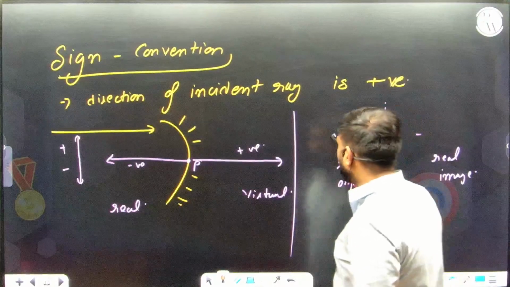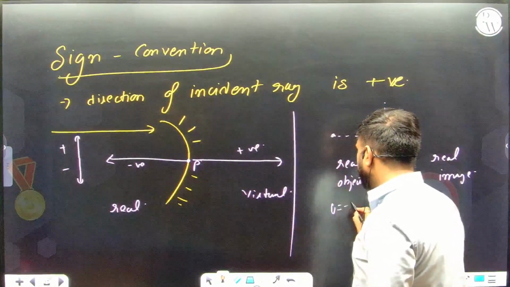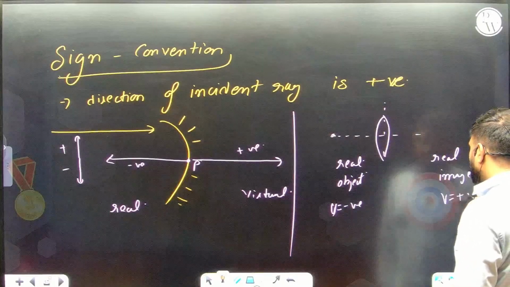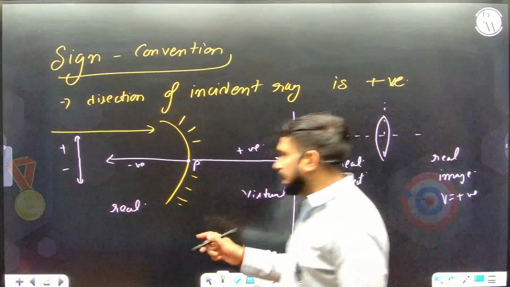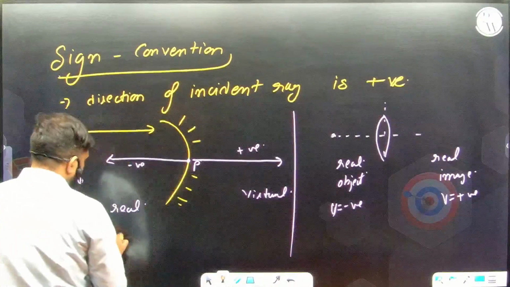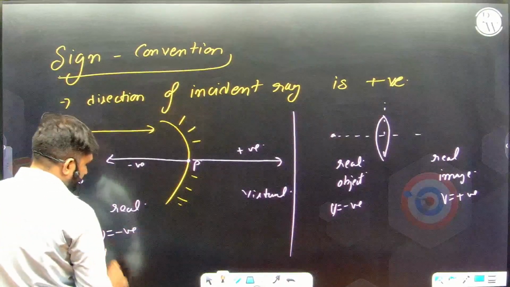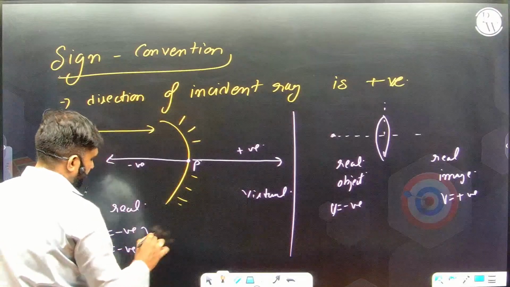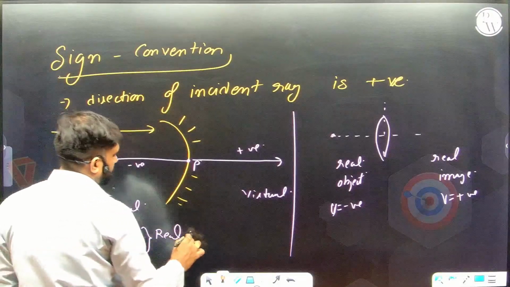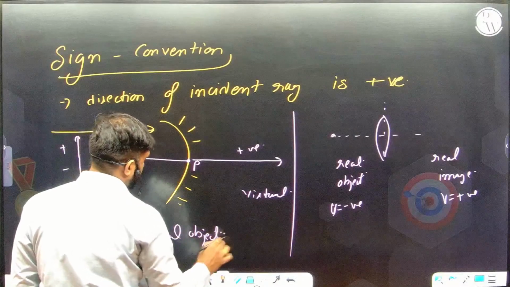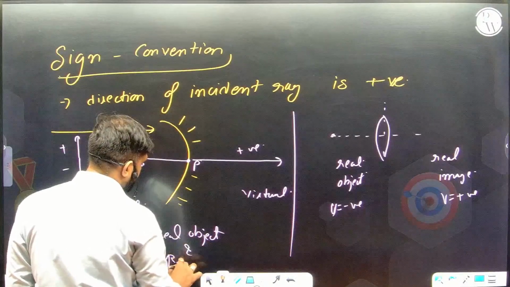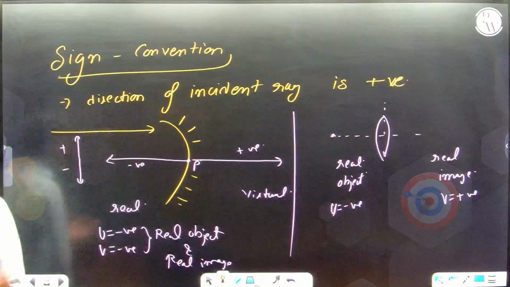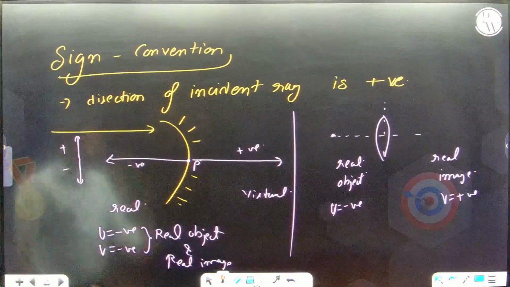If the object distance is negative, I get a real object. If the image distance is positive, I get a real image. But in case of mirrors, if both are negative, then we get a real object and a real image. Just be careful about the difference for mirrors and for lenses.